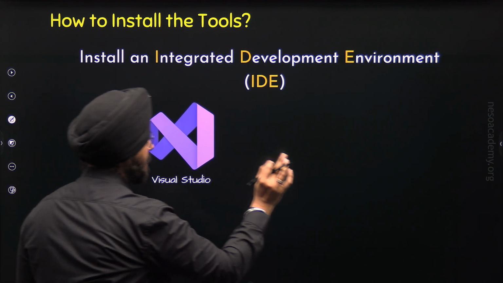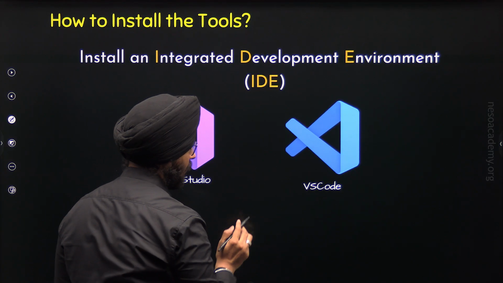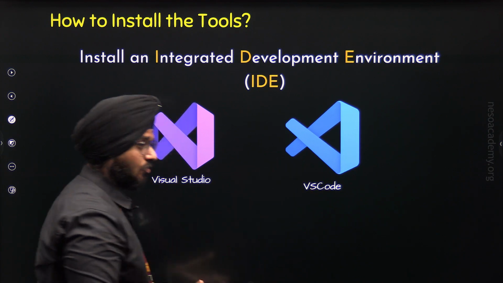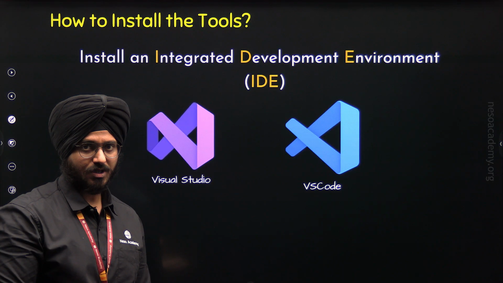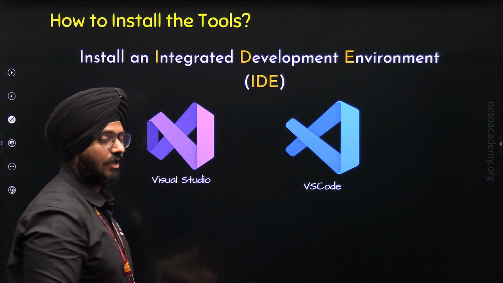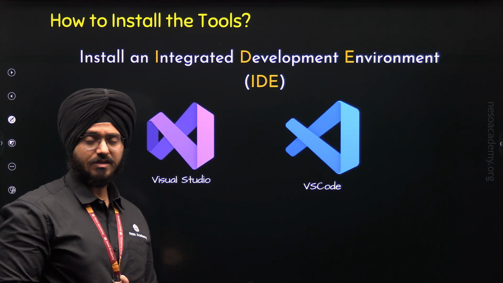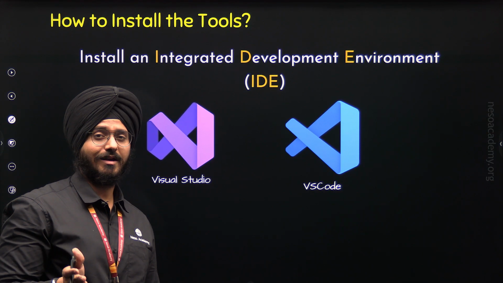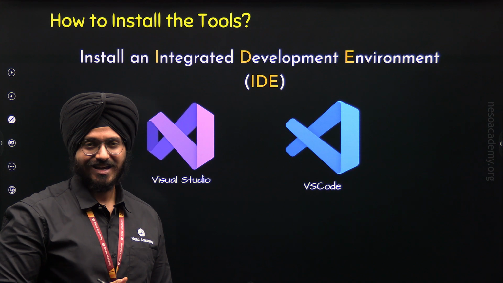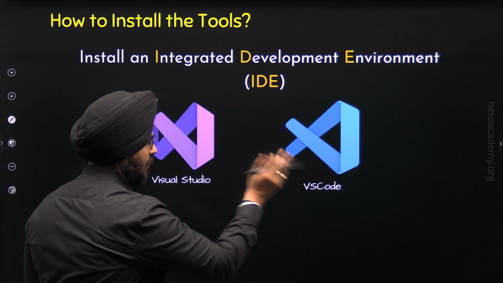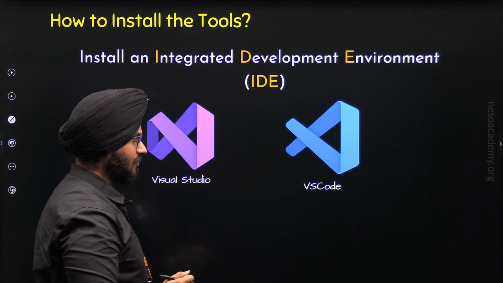The second IDE is VS Code. VS Code is lightweight. It is open source. That is, it is available for free. Apart from this, it is available for all the machines, that is Mac, Linux, and Windows. So, we can download VS Code and install it on our systems.